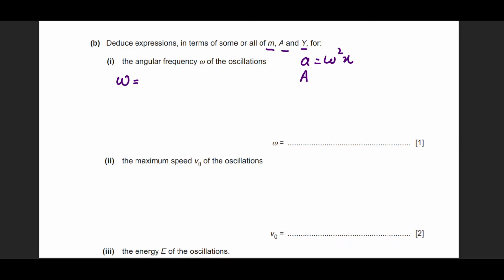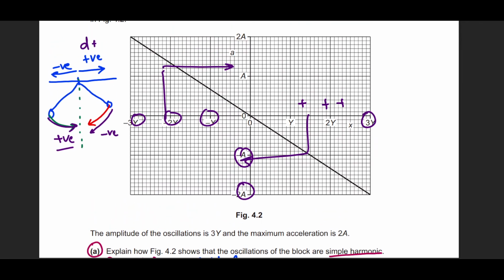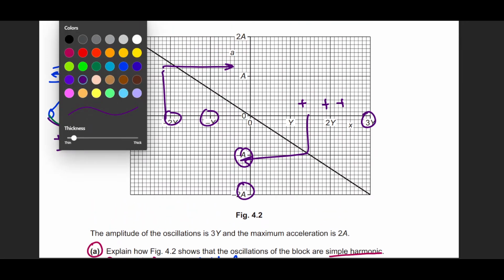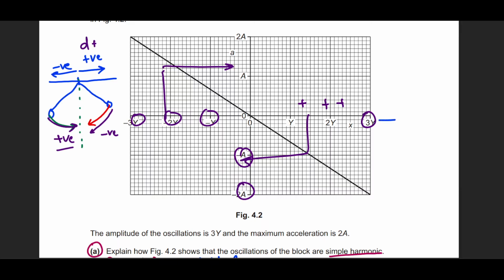That is going to be a equals omega square, and the displacement is actually being represented as y. So if I write this down over here, then this becomes omega square equals a divided by y. Then taking the square root, omega equals the square root of a divided by y. Now, if we go back to the graph, we realize that we have some values mentioned over here. The extreme situation over here is 3y with an acceleration of 2a.